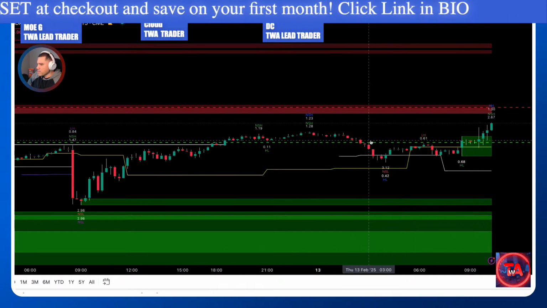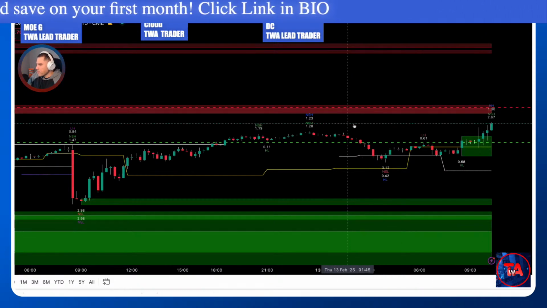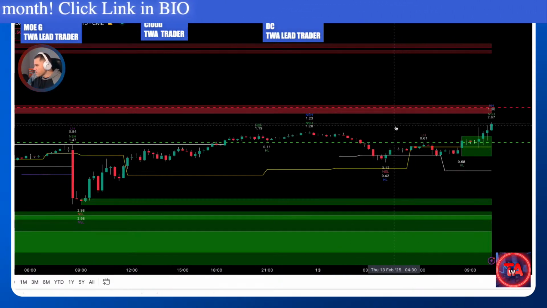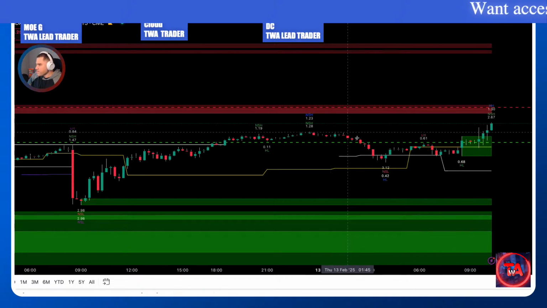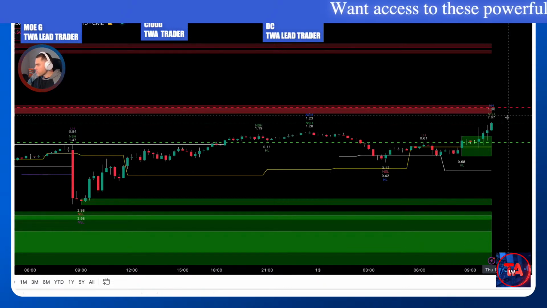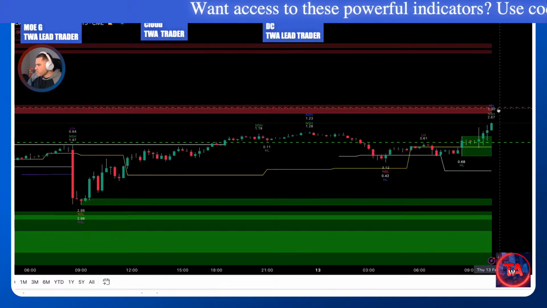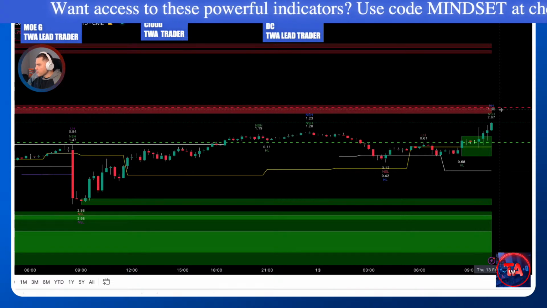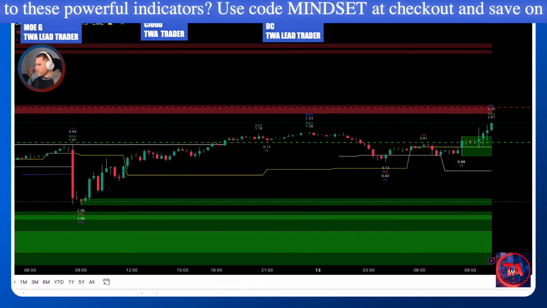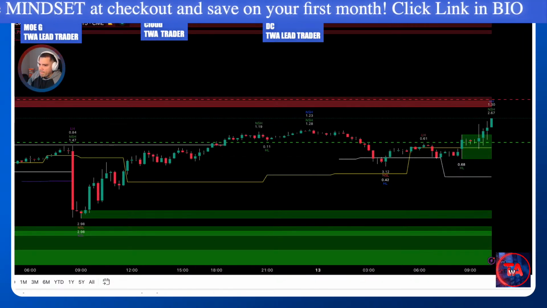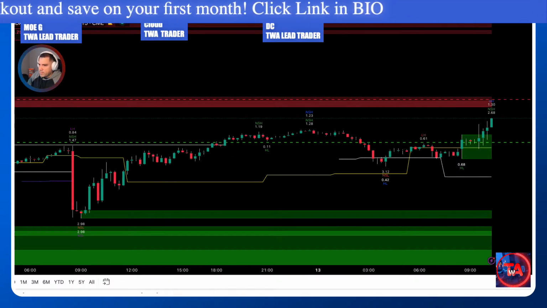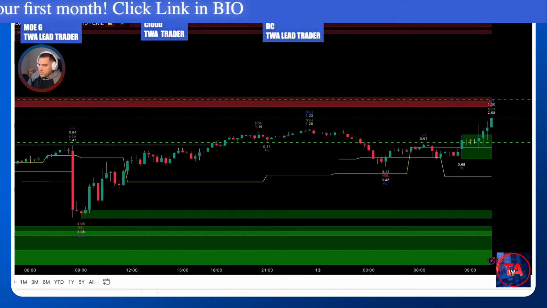And as you can see, just as DC said, see how that box disappeared? If it closes here, it'll stay gone. And then we'll be going after my long on that red line there. Coming up on 50 points here. 50 points hit.